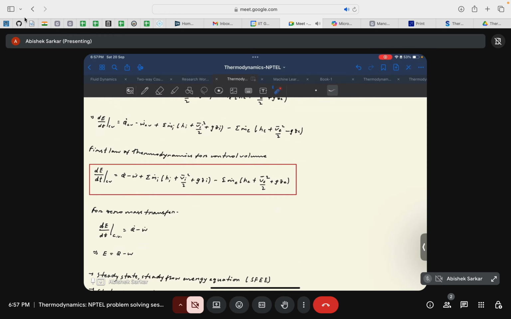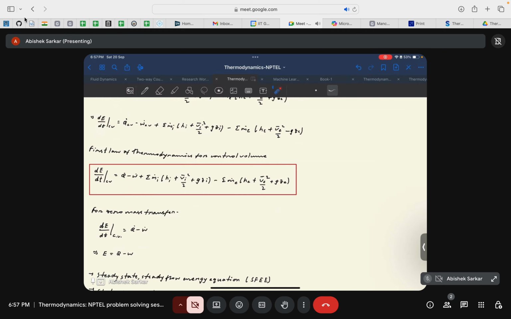If you recall, in the very first discussion of the first law of thermodynamics for this course, I mentioned that initially we had internal energy U as the relevant energy characterizing parameter. But if the system has flow as well, one other parameter, enthalpy, becomes more relevant.